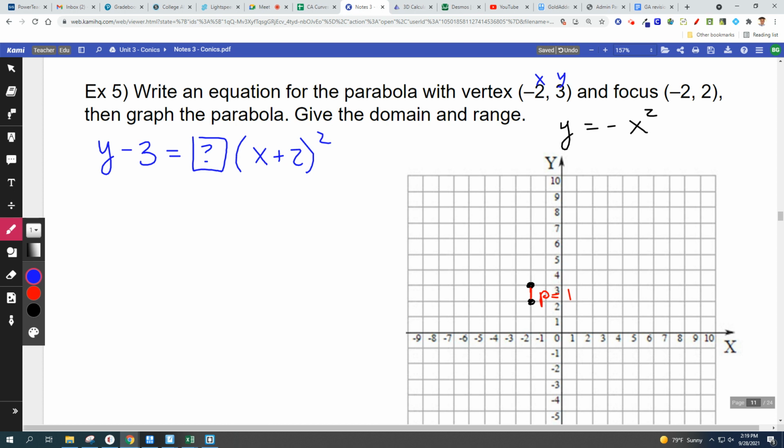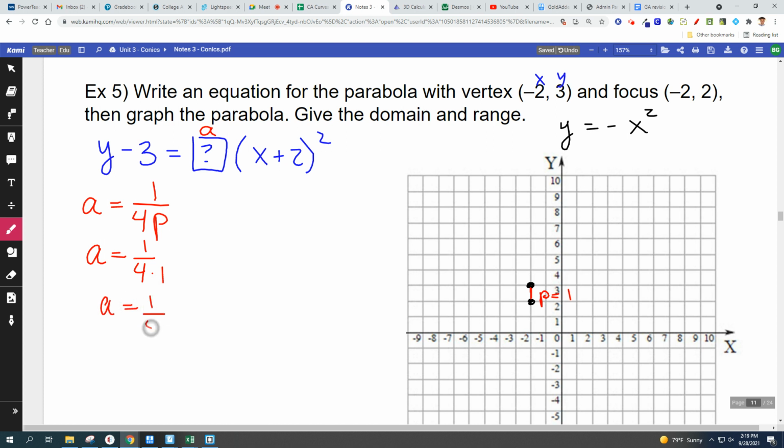It's going to look like that. And that something is an a value. I don't know what the a value is, but I do know what p is. And so I'm going to use that same formula that we used before. A equals 1 over 4p. Well, p is 1, so a equals 1 over 4 times 1.